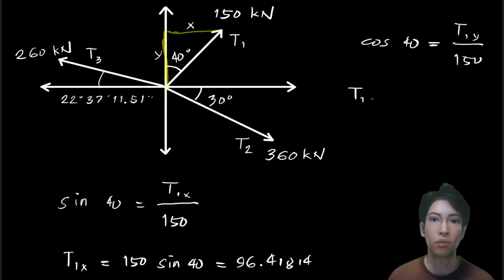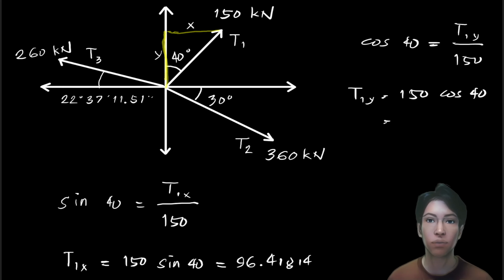So t sub 1 y is 150 cosine 40. And that is equivalent to 114.90667. All right, so that's for t sub 1.